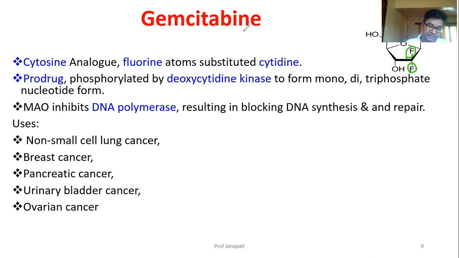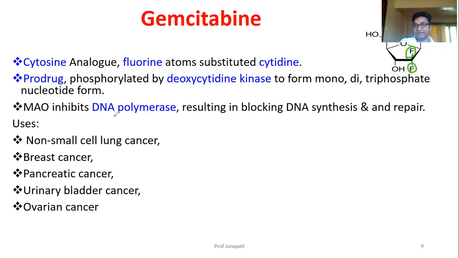In the same way, it is a cytosine derivative and also blocks the DNA polymerase enzyme. Because of these halogens, it highly blocks DNA polymerase.